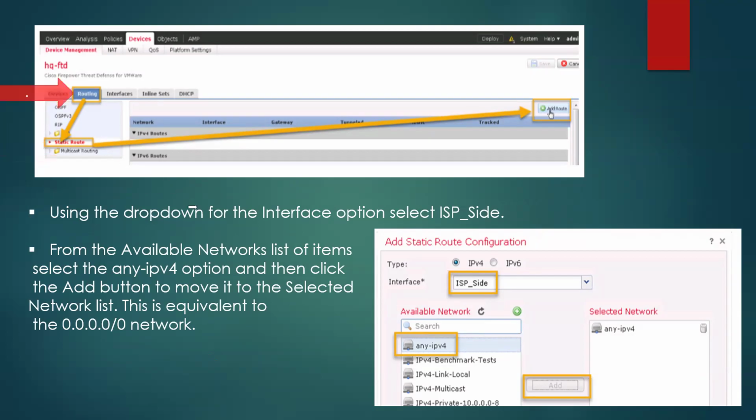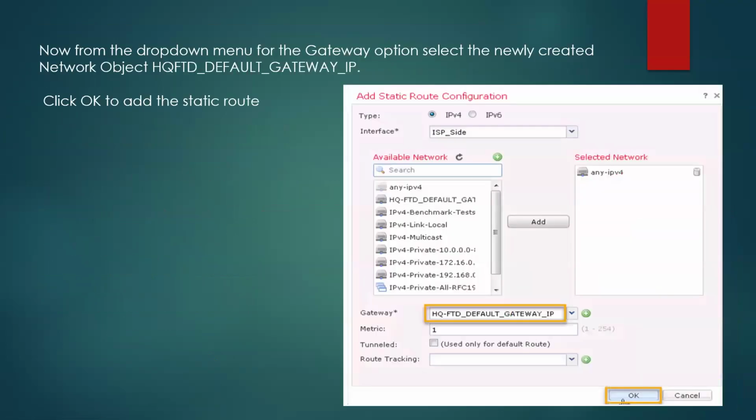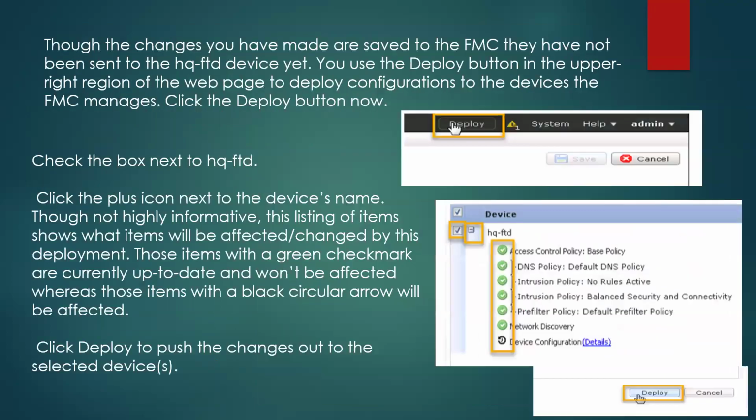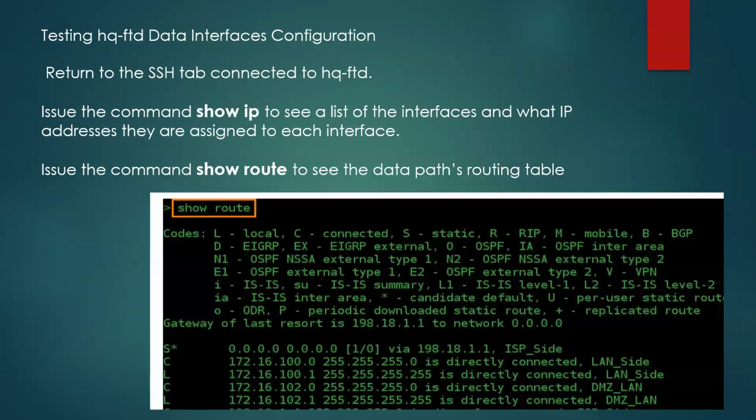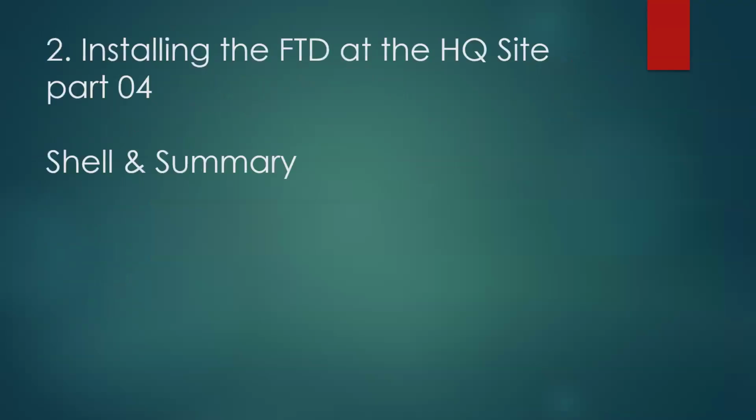We will check later how to create these. But yes, we can create the static routing and then deploy it. After that, you can check show route and it will work as it is.